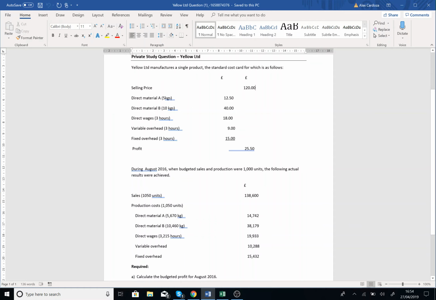Now, how do we work out our actual selling price? Well, your actual selling price is simply your revenue divided by the number of sales that you've made, because you've got to remember revenue is equal to selling price times number of units sold. So to work out that equation in the opposite way, you take your revenue and you divide it by your units sold, and that gives you your selling price.